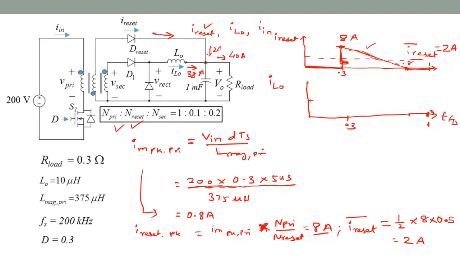We know that its average value is 38 amps. I just explained where I got the 38. There is the load current of 40 minus the reset current of 2 amps. The balance is the inductor current. So it is going to have a ripple, and we still need to calculate the peak to peak value and the lowest point right at the end of that period.